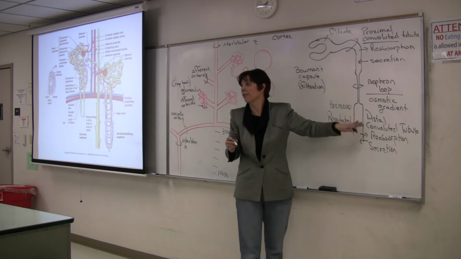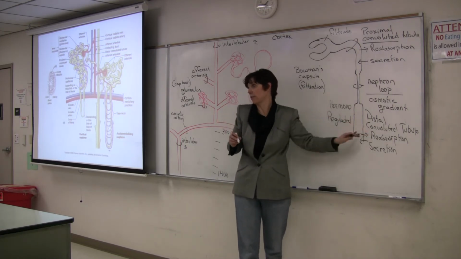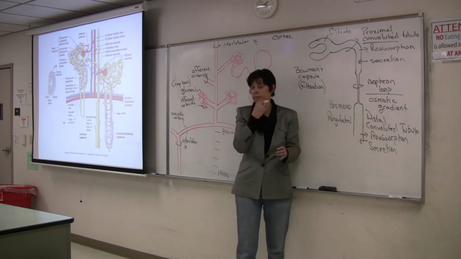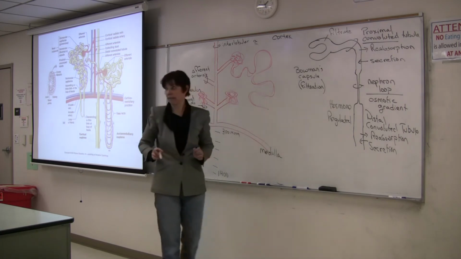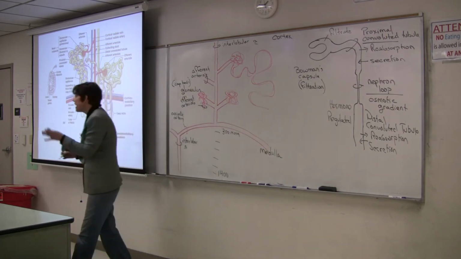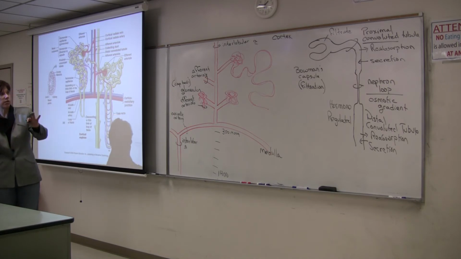This is where aldosterone works. So if we need to take more sodium out, aldosterone is going to work on the distal convoluted tubule. Okay? And that's the nephron. We haven't yet finished it because we haven't done the concentration, but that's essentially the function of the nephron.